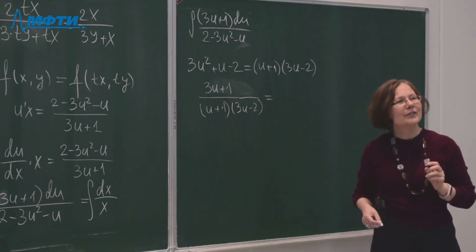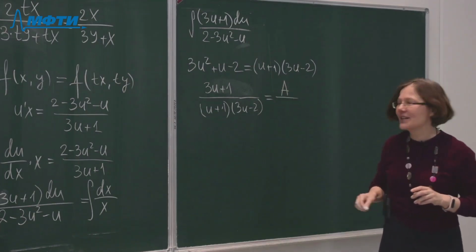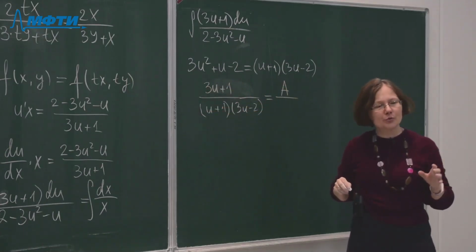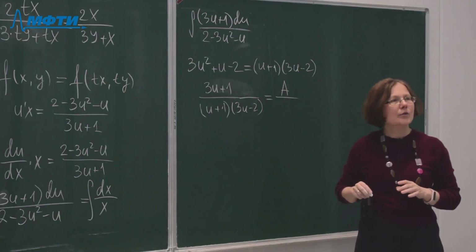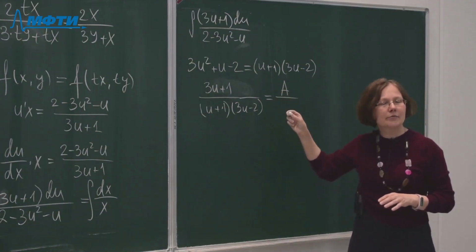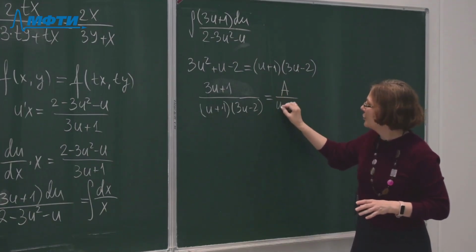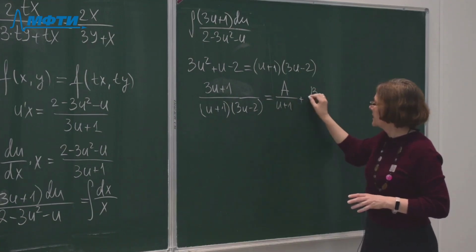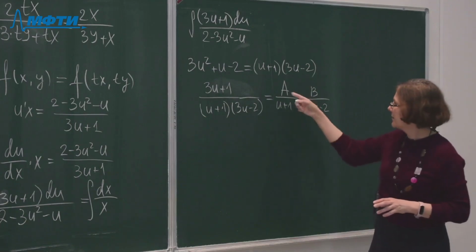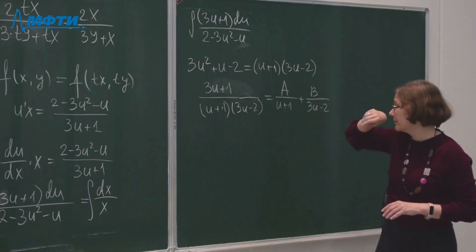Partial fraction decomposition means that we should represent this fraction as the sum of two fractions with simpler denominators. We will use the method of indeterminate coefficients: A over u plus 1 plus B over 3u minus 2. Then let's find A and B.